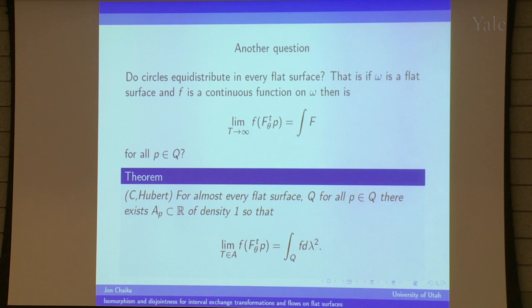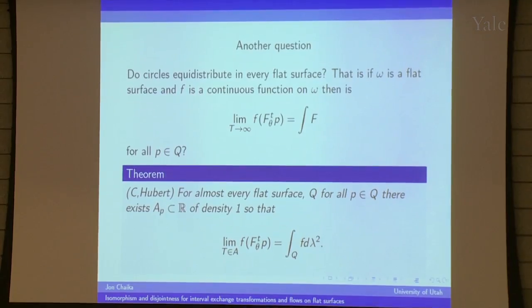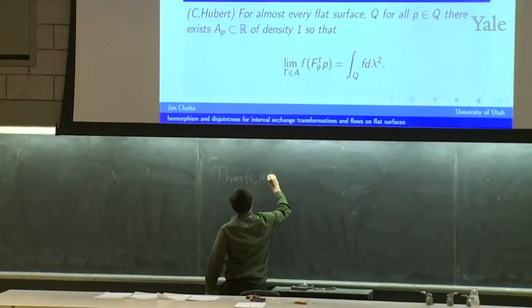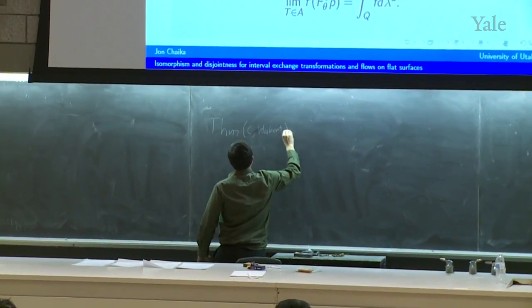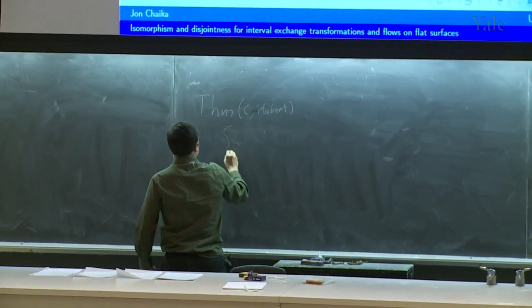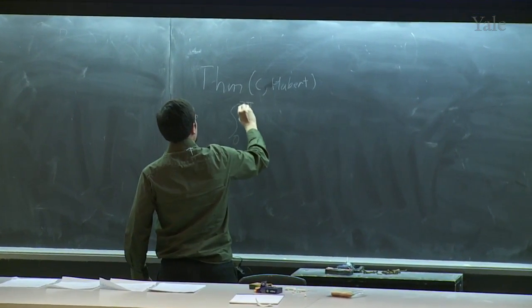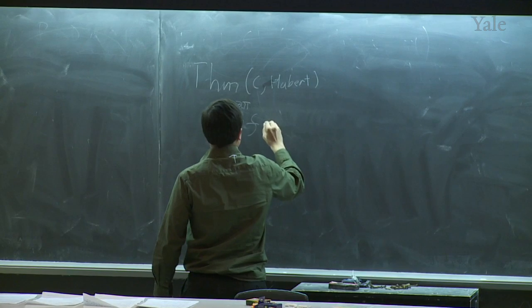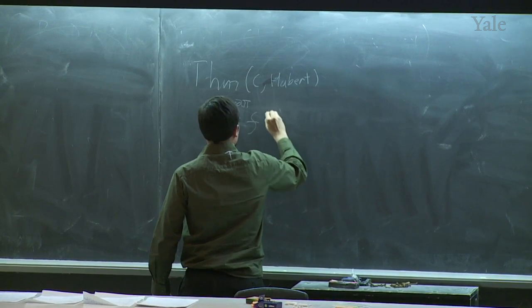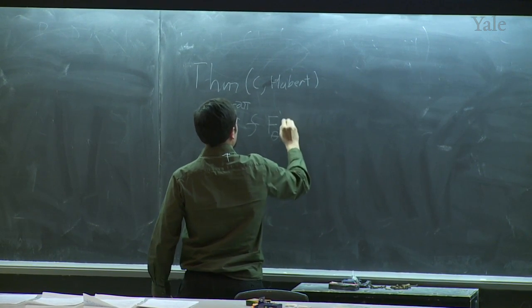Yeah, this is written incorrectly. I'm sorry. So what did we show? Sorry about this. We showed the following thing. We showed that the integral from 0 to 2 pi of f of the flat surface flow.